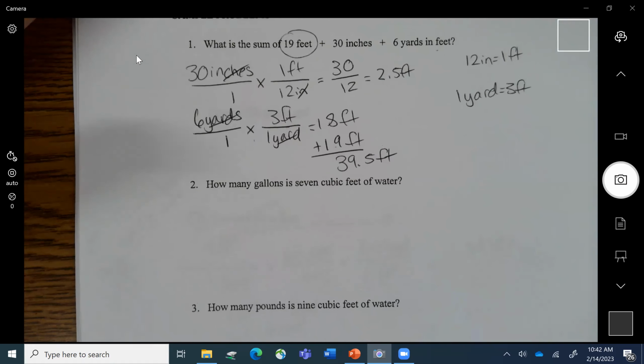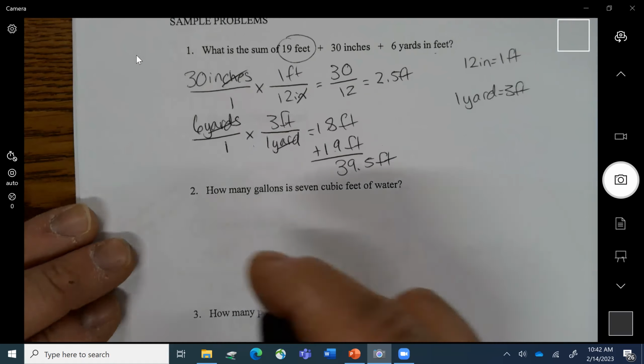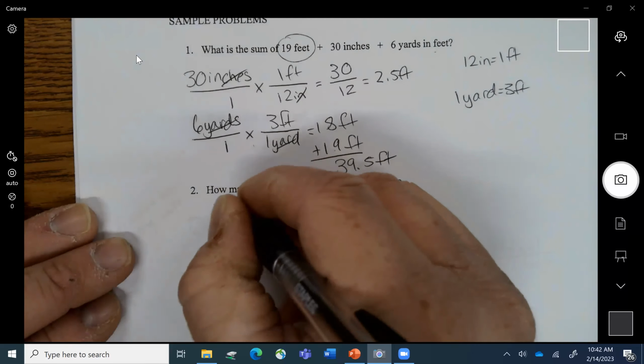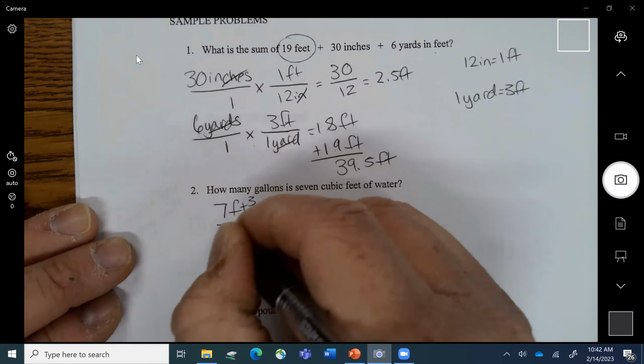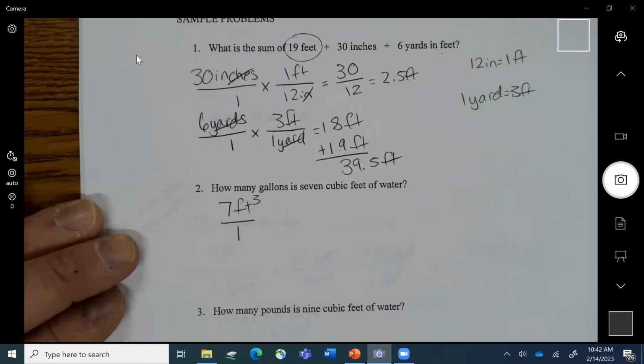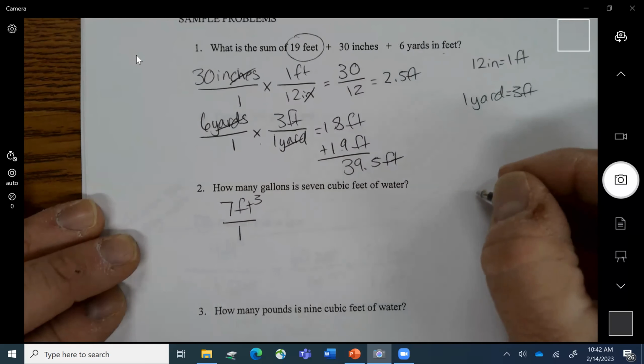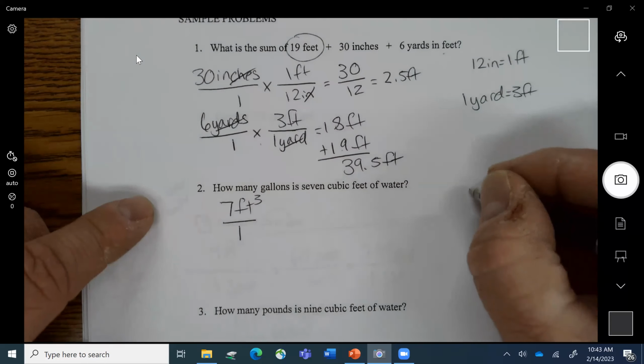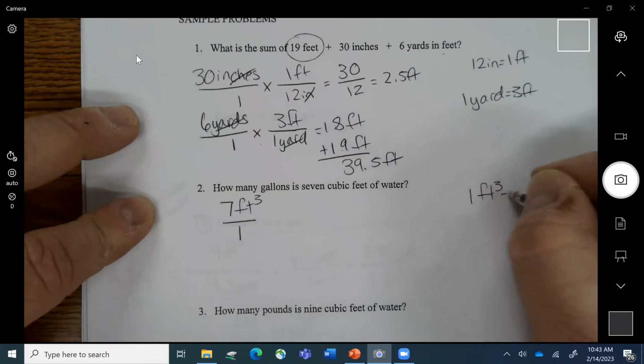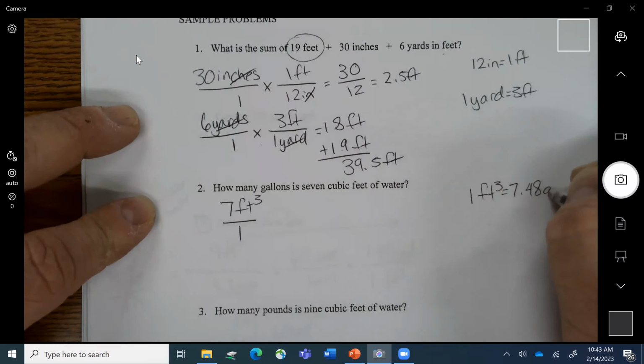How many gallons is in 7 cubic feet of water? So I'm starting with 7 cubic feet over 1. I've got to get cubic feet to gallons. Well, I know that 1 cubic foot equals 7.48 gallons.